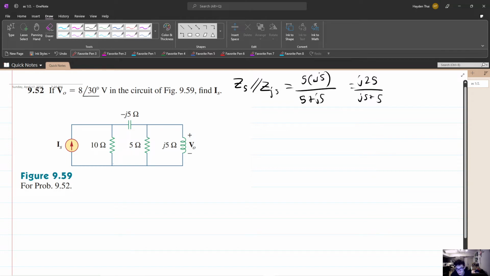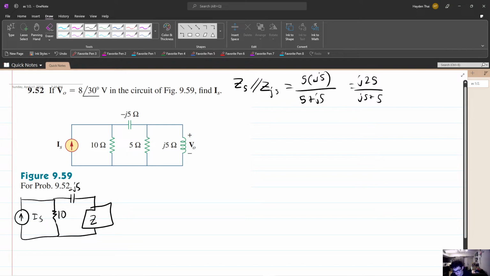Cool. Okay, now let's redraw our circuit. And then I'm just gonna put a box for now.